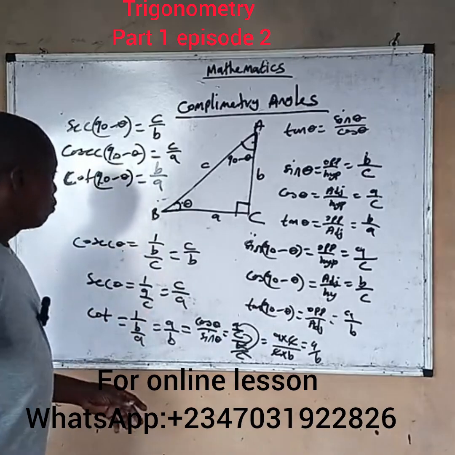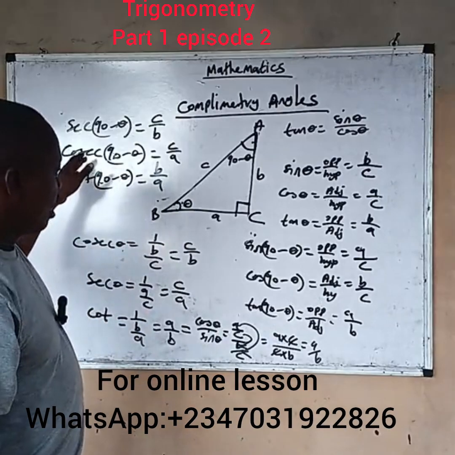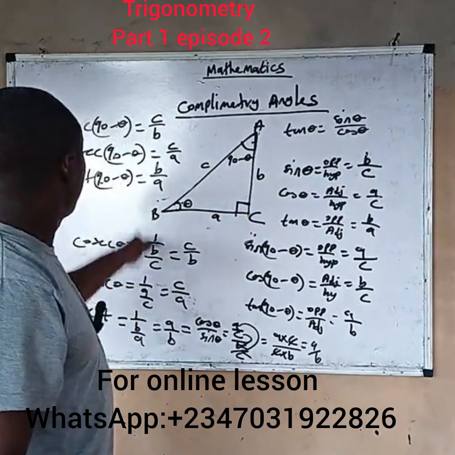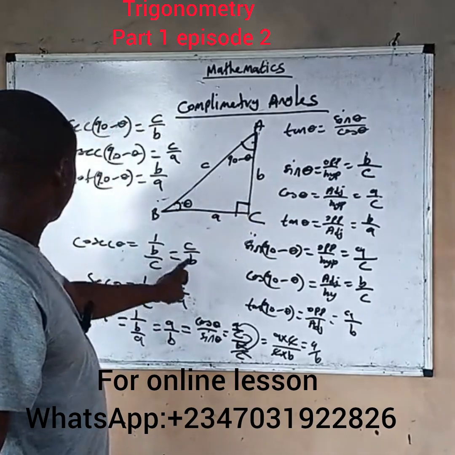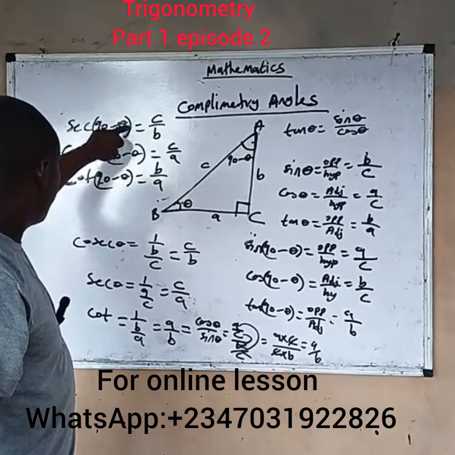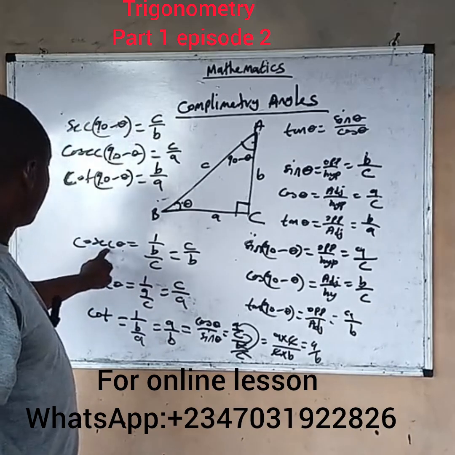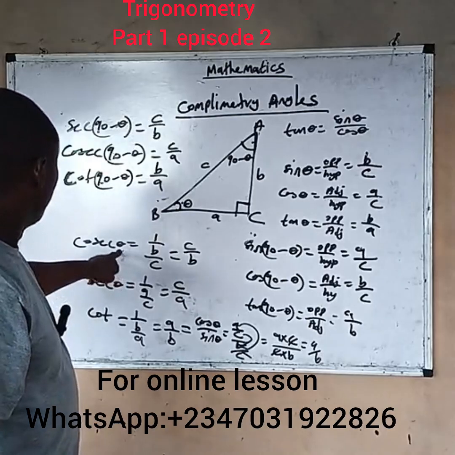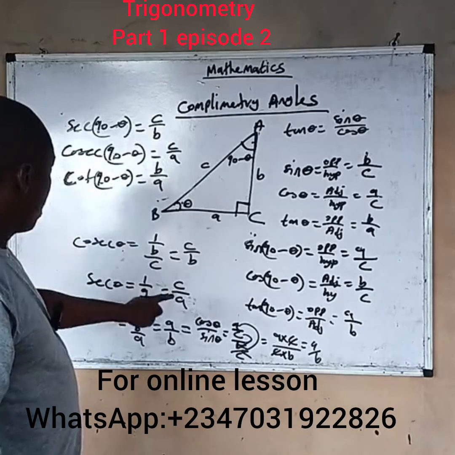So now let us compare them and see which one is equal. We have c over b here. It means sec 90 minus theta is equal to cosec theta. Is that clear? All right. Now, what about c over a? We have c over a here.